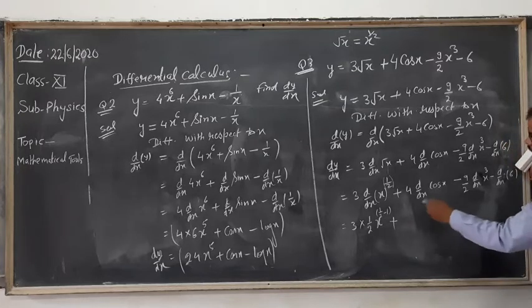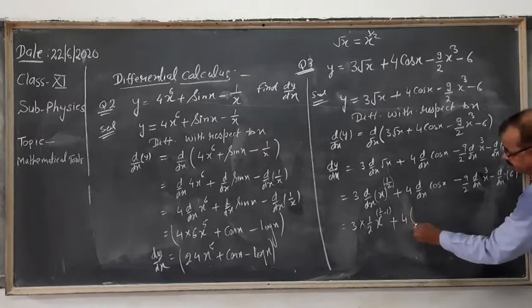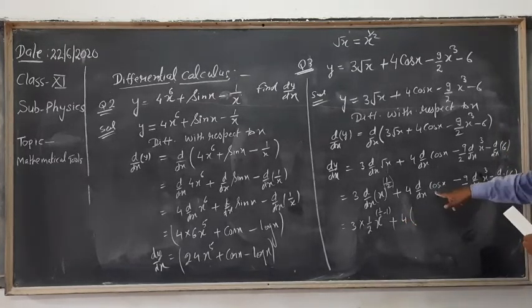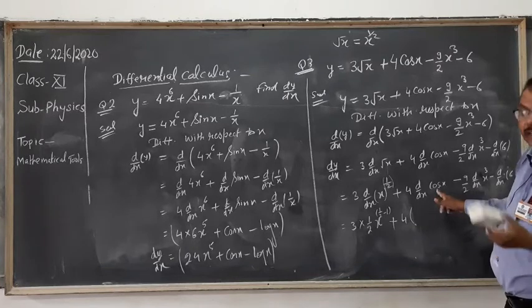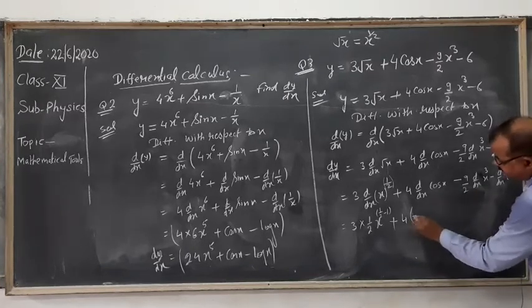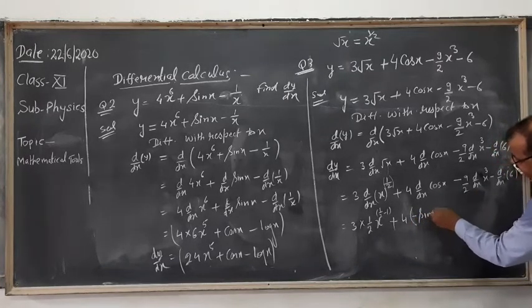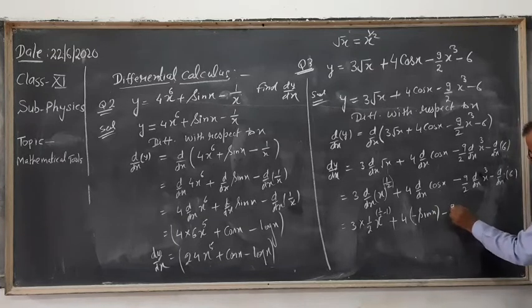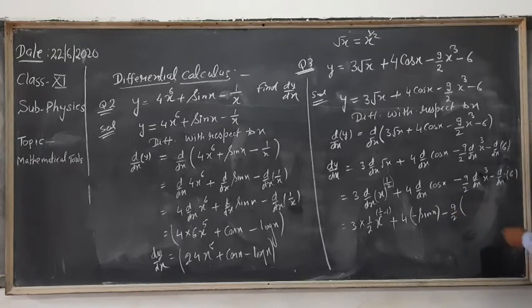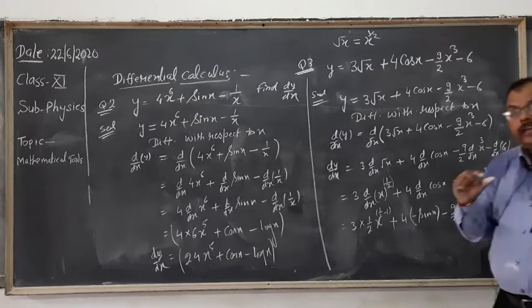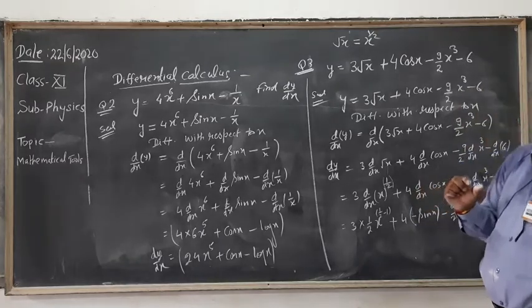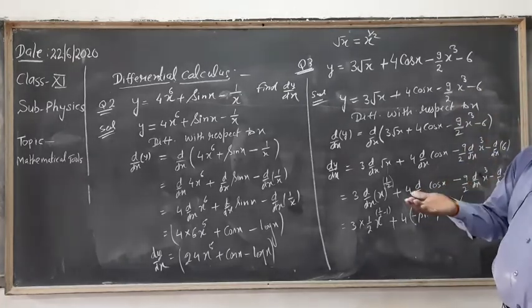Plus 4 times the differentiation of cos x. Differentiation of sin x is cos x and differentiation of cos x is minus sin x. So this is minus sin x. Minus 9 by 2, here dy by dx of x to the power 3; again we are using the formula x to the power n.